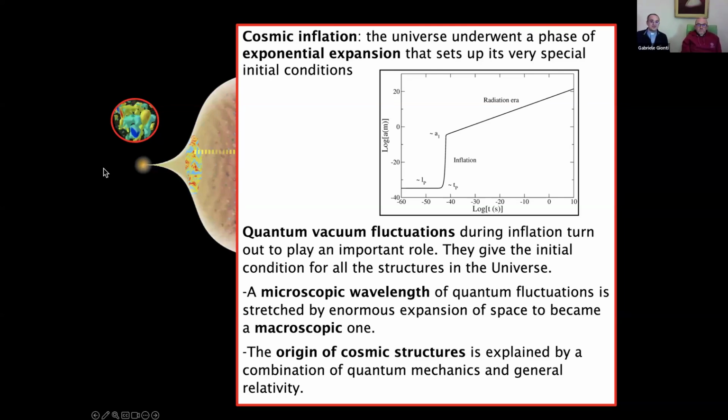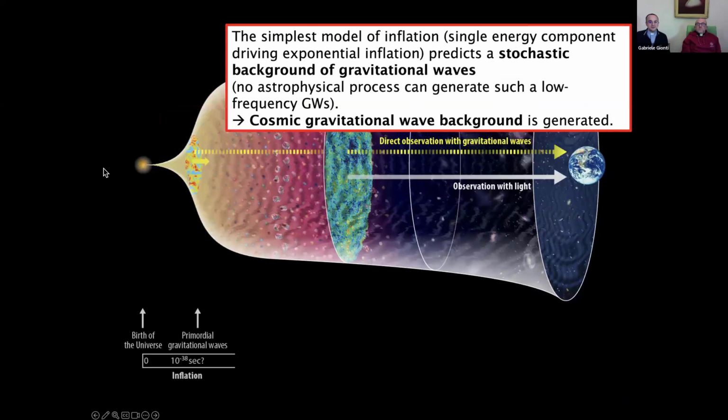And the simplest model of inflation that we know predicts a stochastic background of gravitational waves. There is no astrophysical process that can produce such low frequency gravitational waves.